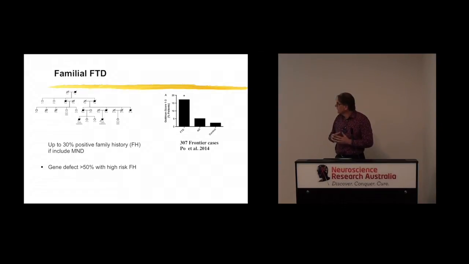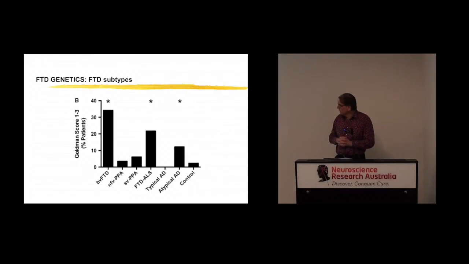And the rate of family history in FTD was considerably higher. These are patients with a strong family history. Whereas the Alzheimer patients that we see of the same age, it was only around 5%, and controls similarly a small number. But if we look according to those clinical syndromes that I showed you in the first slide, the strong family history isn't distributed across the clinical subtypes. The patients with a strong family history tend to present with the behavioural variant, bvFTD.